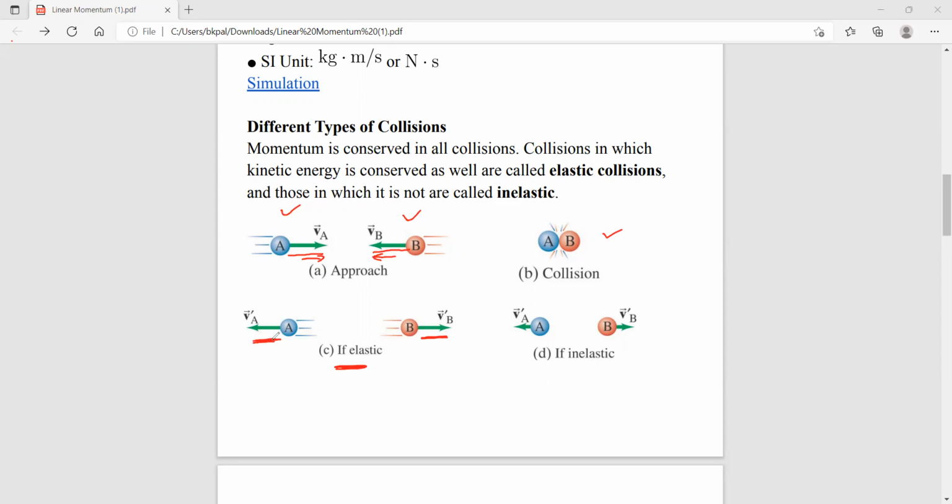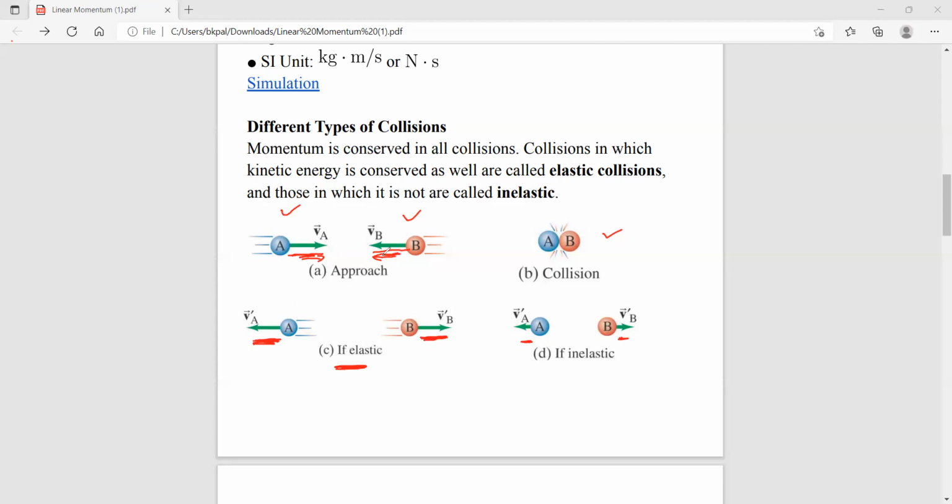Actually, I'm going to show you a simulation that will probably help you. What I want to tell you is that in an elastic collision the objects did not lose velocity. But here you see that the length is much smaller than the initial velocity.